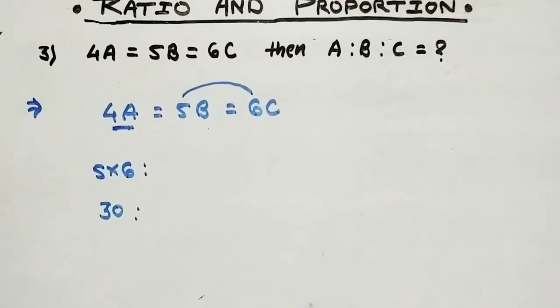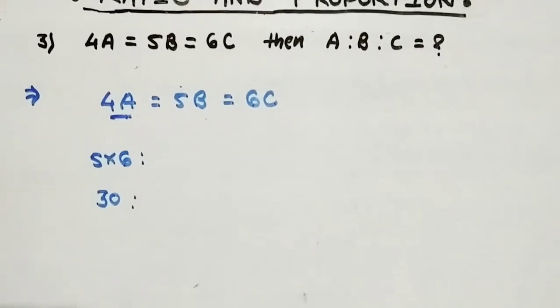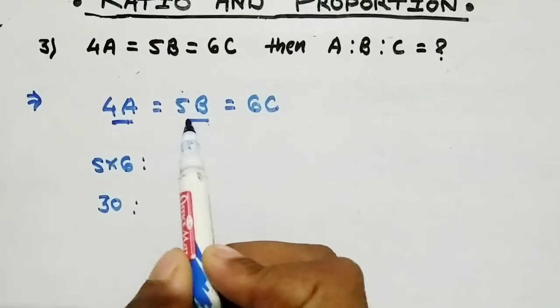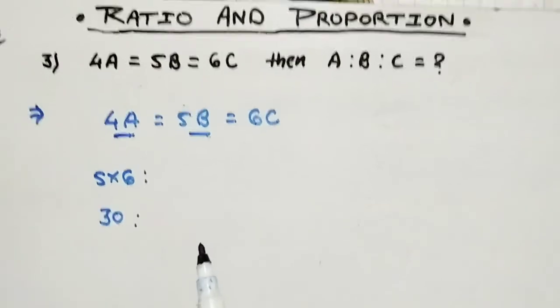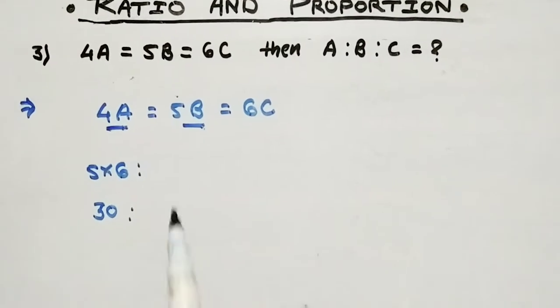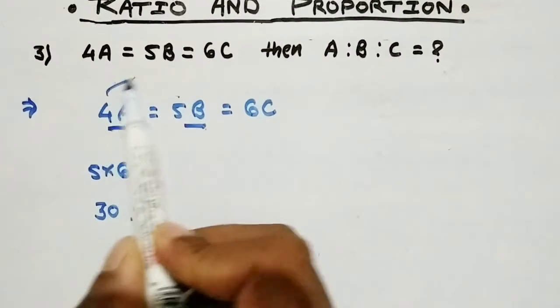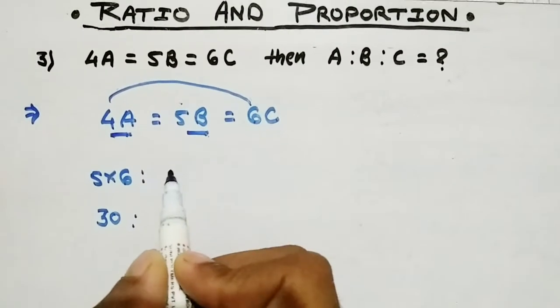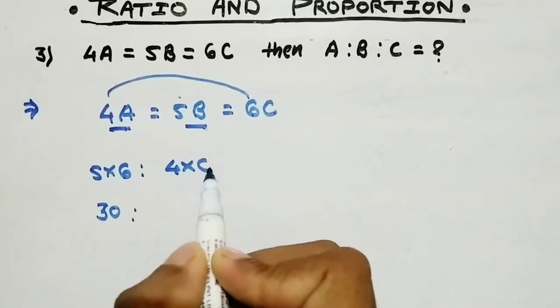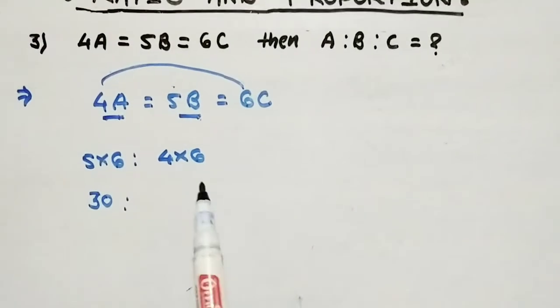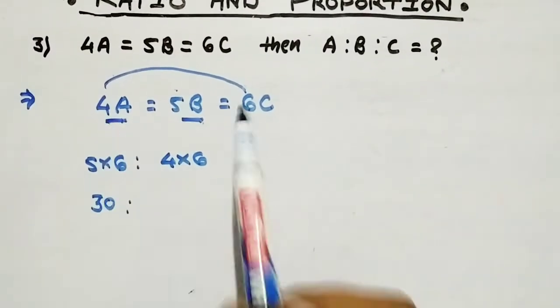Then move to the b term. So we don't consider any value related to b. So which value is considered? 4 into 6.